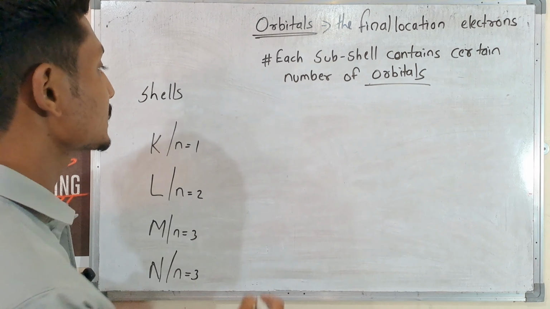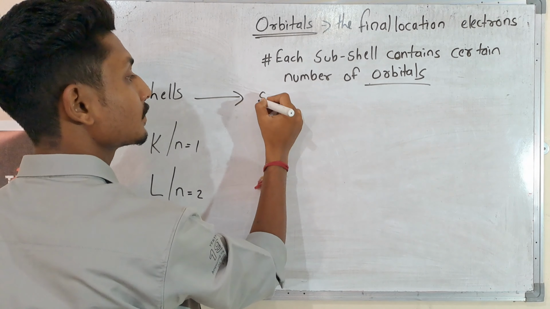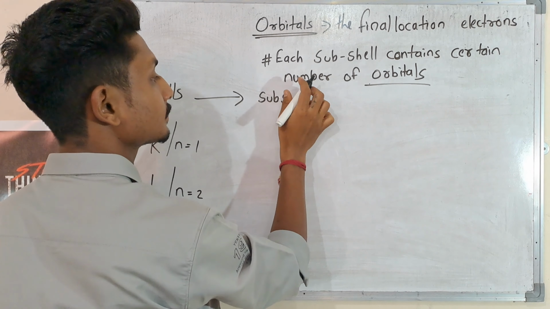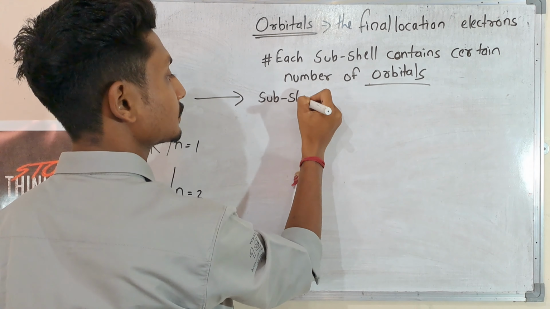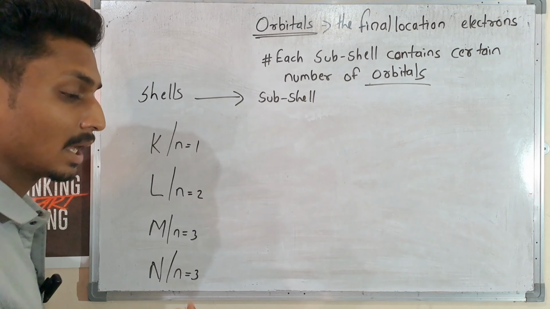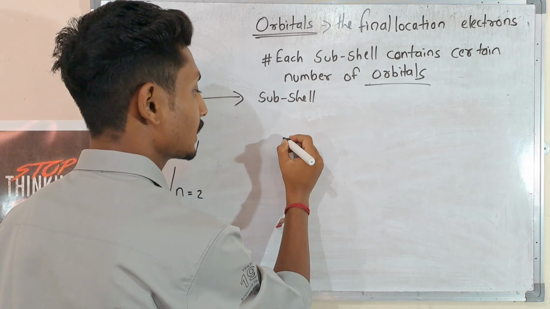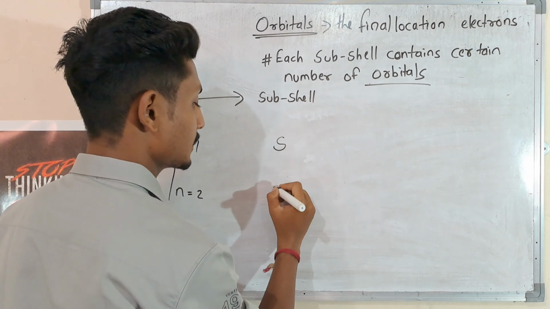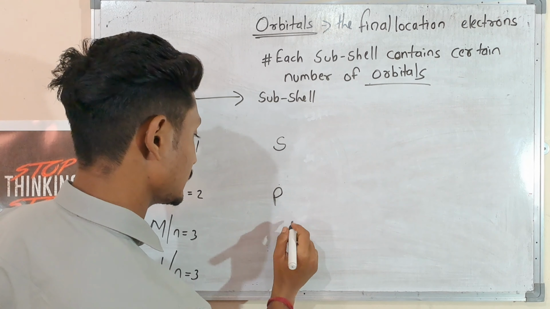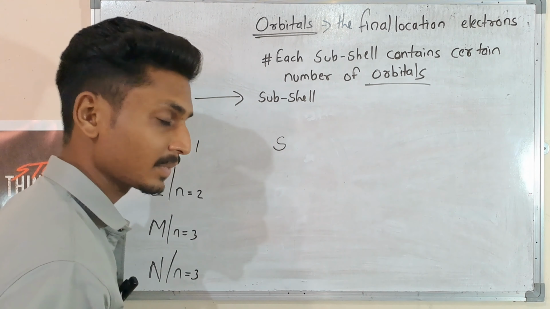Then shells contain subshells. Subshells are represented by S, P, D, F.